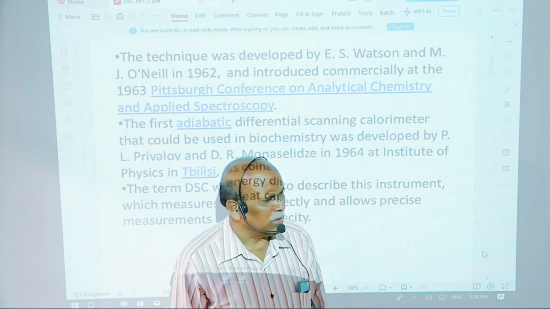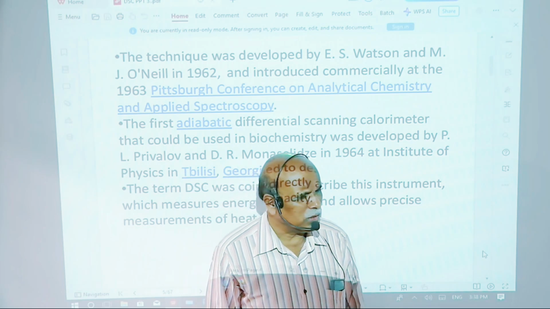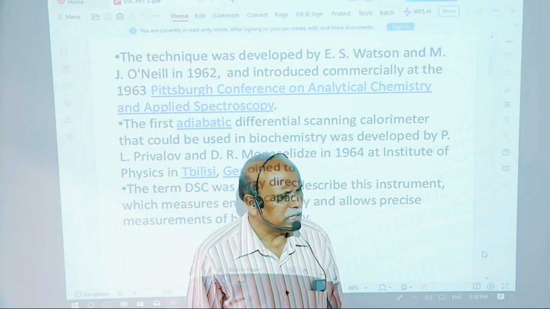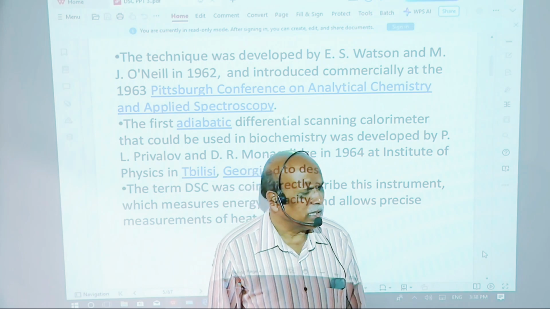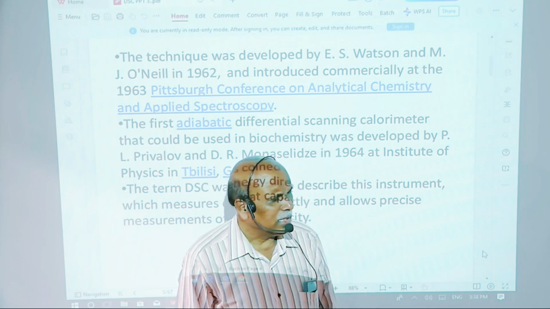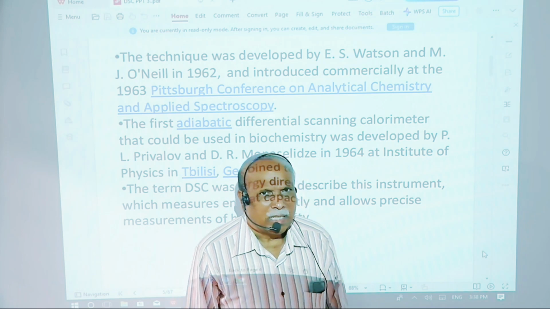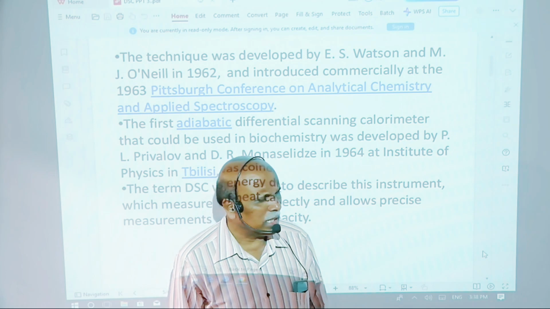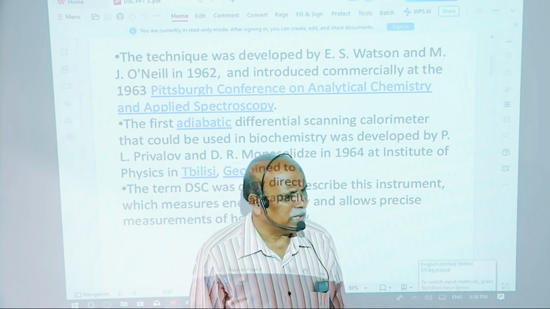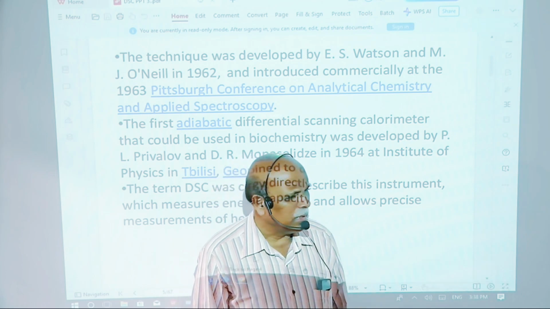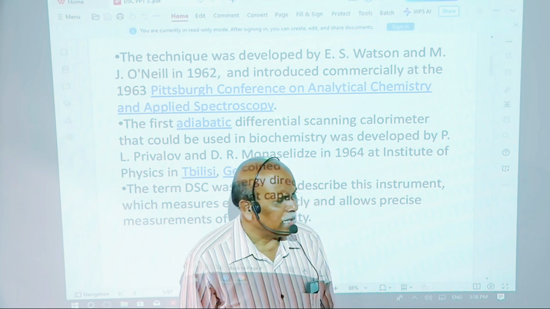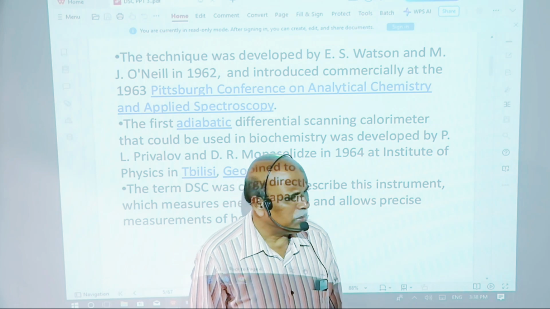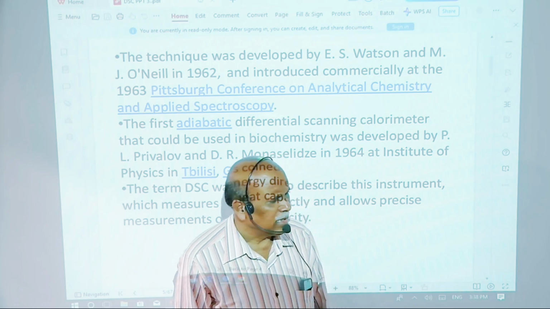This technique was developed by E.S. Watson and M. O'Neill in 1962 and introduced commercially in 1963. The first adiabatic differential scanning calorimeter that could be used in biochemistry was developed by P.L. Privalov and D.R. Monaselidze in 1964 at the Institute of Physics in Georgia.